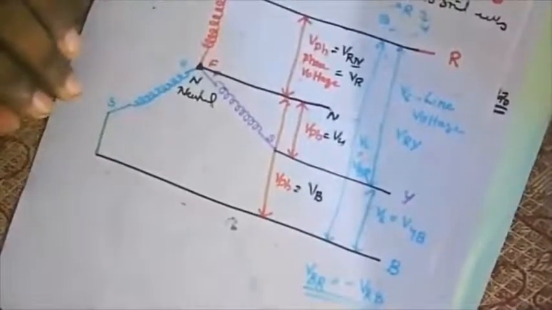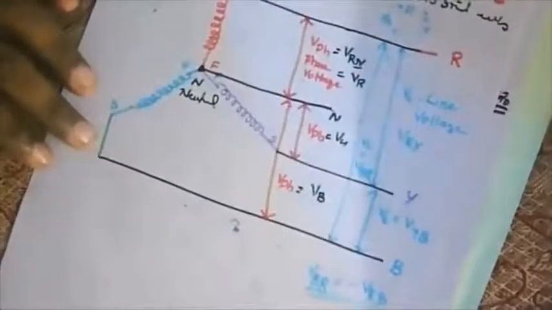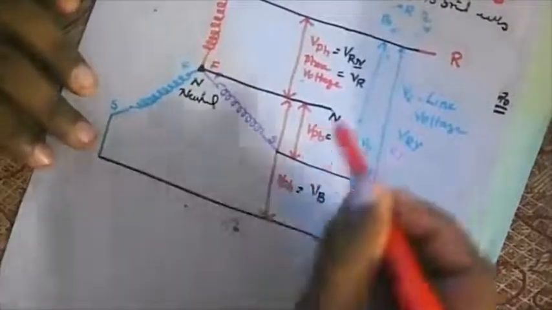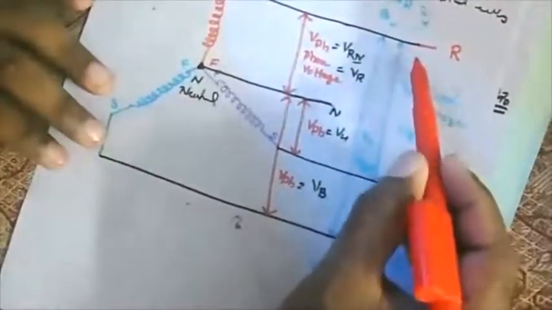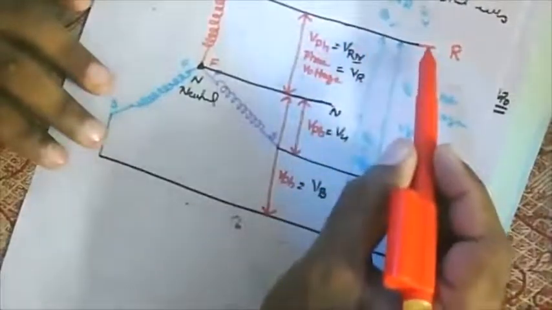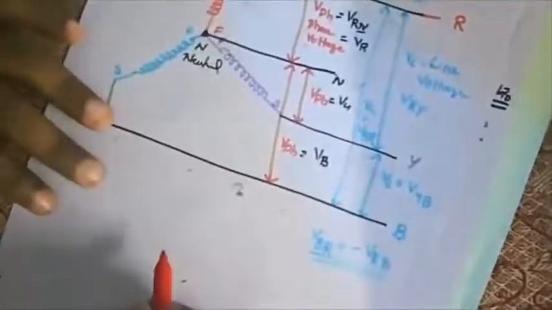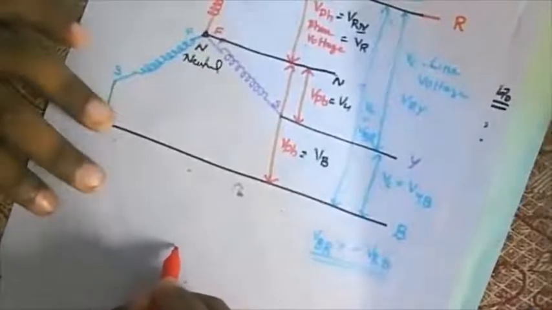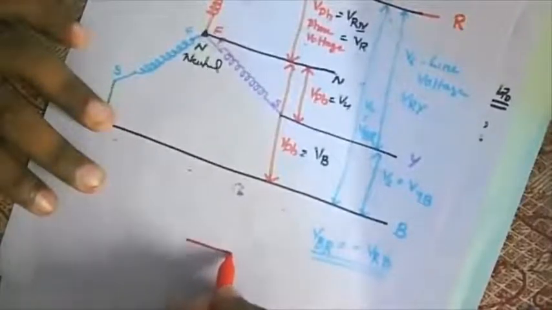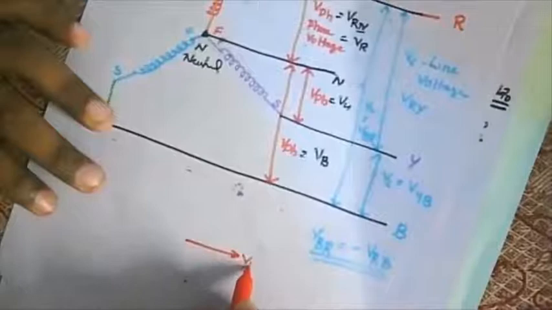See, if I observe, this is R, I'm having VR, VY, and VB. I'm going to represent that one. So if I draw, this is going to be my VR.